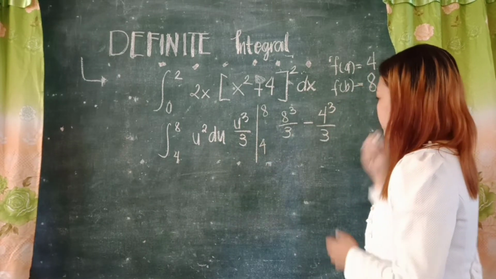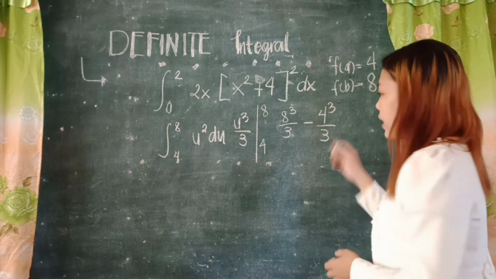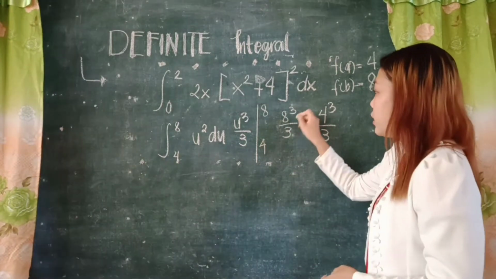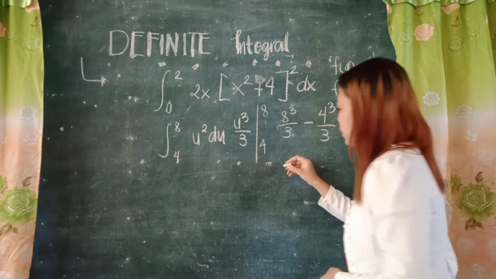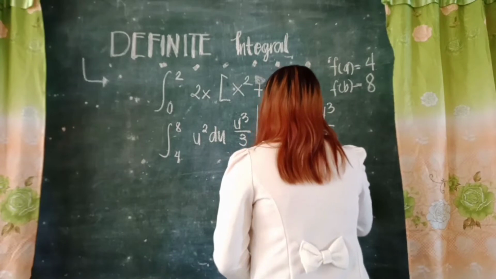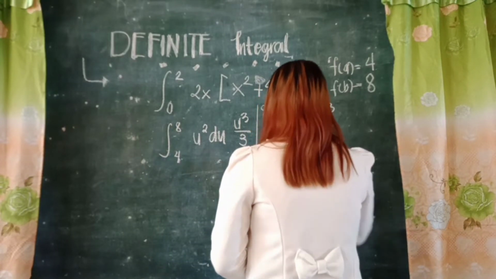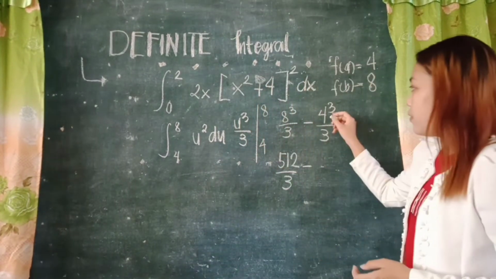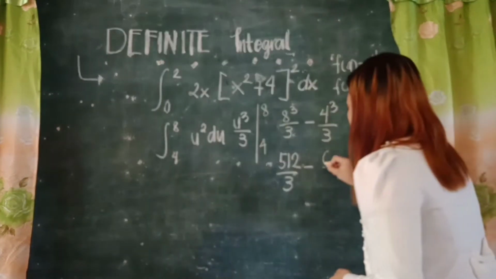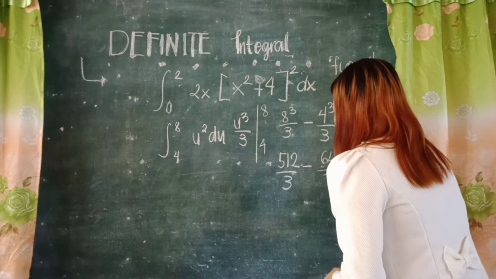Now we will calculate 8 cubed, and the answer is 512 over 3, minus 4 cubed, which is 64 over 3.